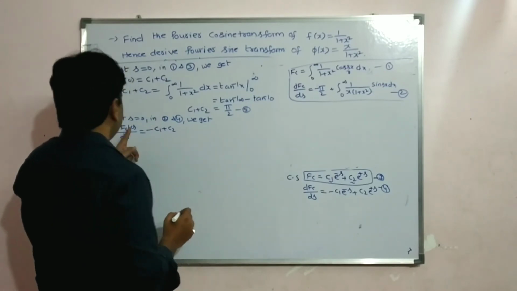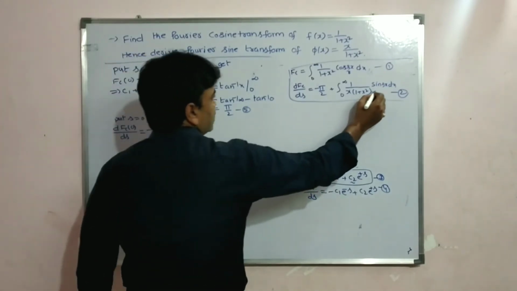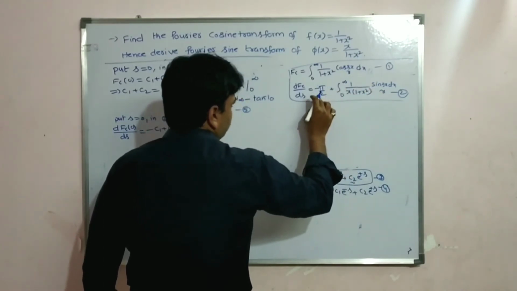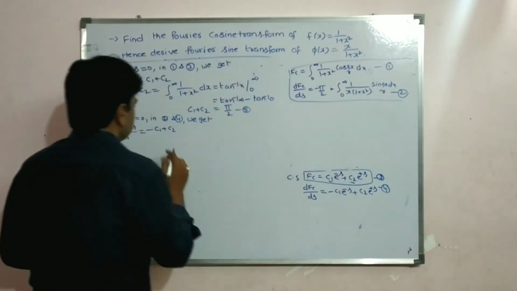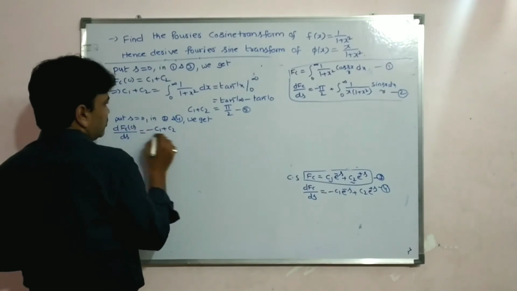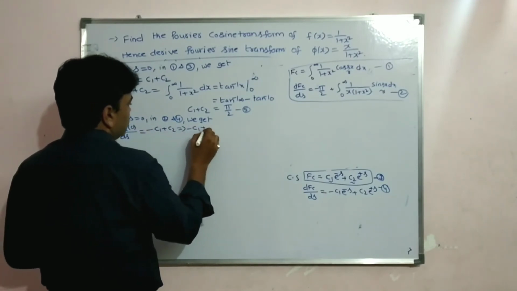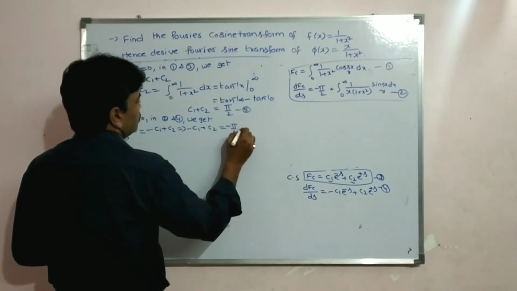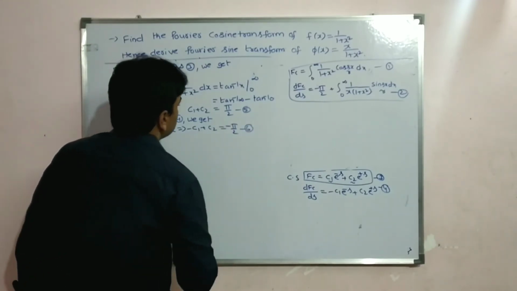Here s value is 0, so this term is 0, and we get minus pi by 2. That means minus c1 plus c2 is equal to minus pi by 2. So this is 6.